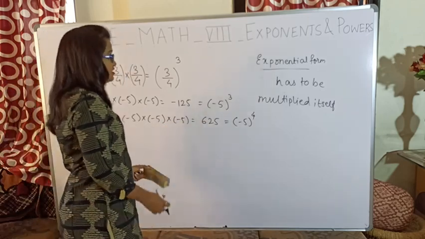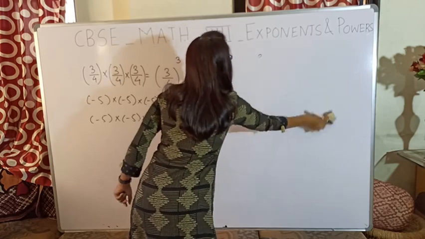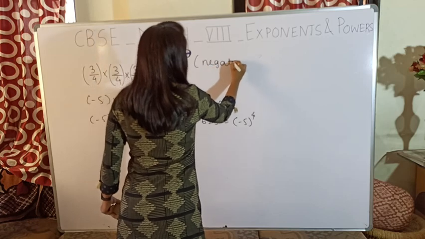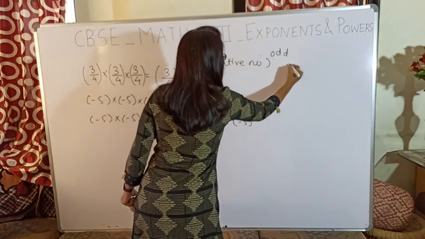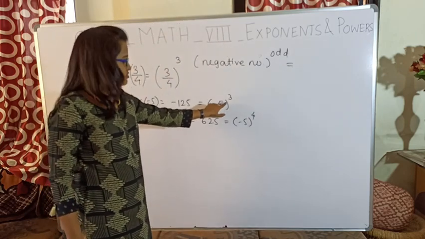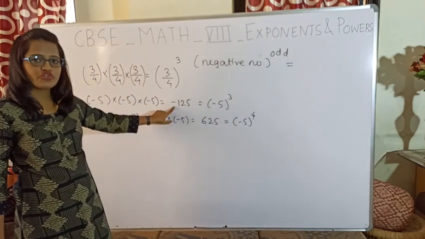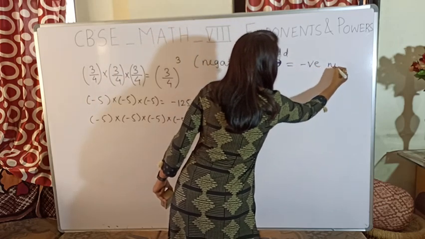Now you have already seen that if the power of a negative number is odd, what will be the answer? The power is odd, 3 is an odd number. What is the answer? Whether it is positive or negative, it is always a negative number.